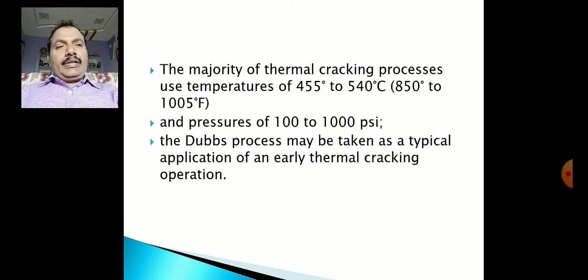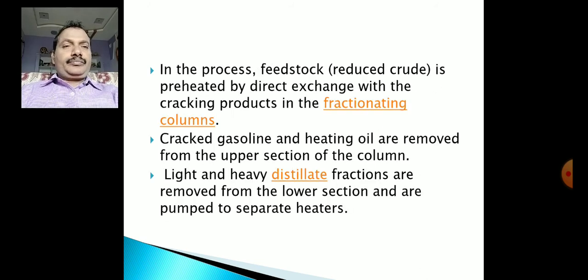And the early thermal cracking technique was the Dubbs process, in which the heavy molecules are converted into lighter molecules, useful molecules, that is the petrochemicals. In the process, the feedstock, that is the reduced crude, is preheated by direct exchange with the cracking products in the fractionating columns.